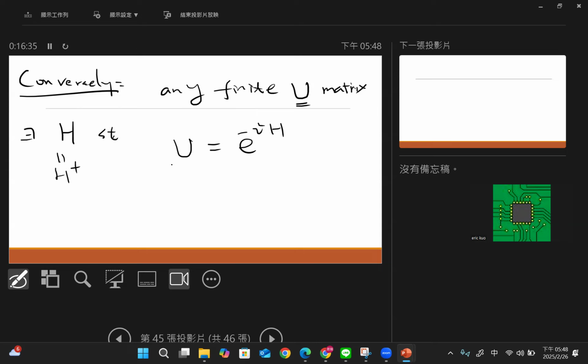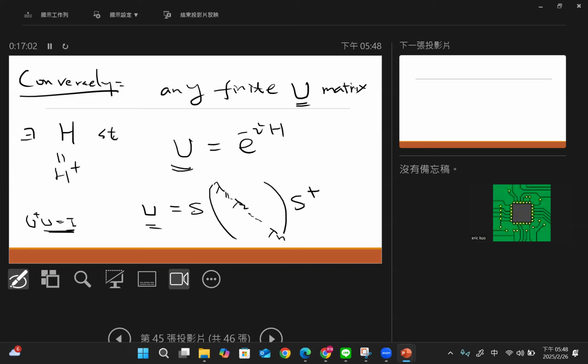The reason is that a unitary is a normal matrix. So you can diagonalize U as S times a diagonal matrix of eigenvalues lambda 1, lambda 2, up to lambda n, times S dagger.